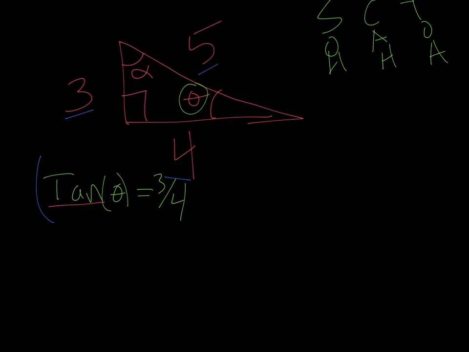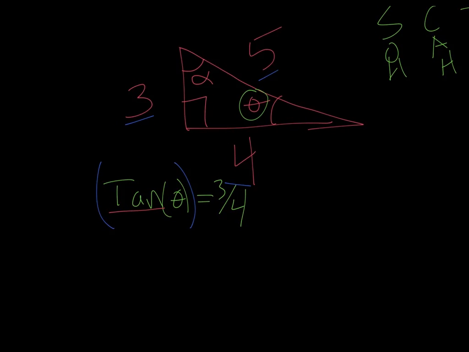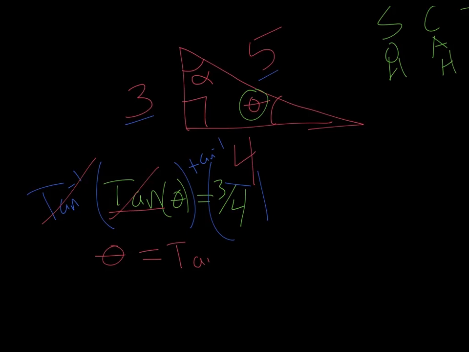So what you'll essentially do is take tangent inverse of both sides, and then you'll do it to the other side as well. Since this is what undoes tangent, these in essence cancel out, leaving you just theta on this side. So theta is going to equal tangent inverse of 3 divided by 4.